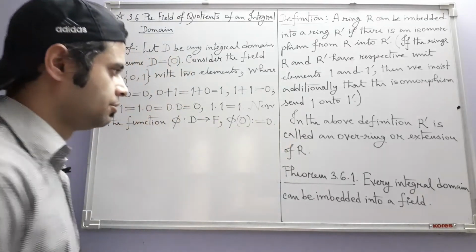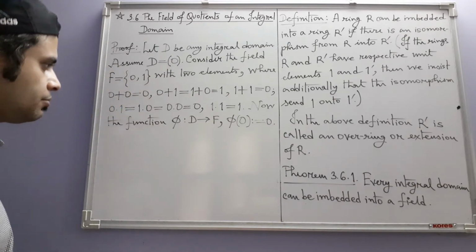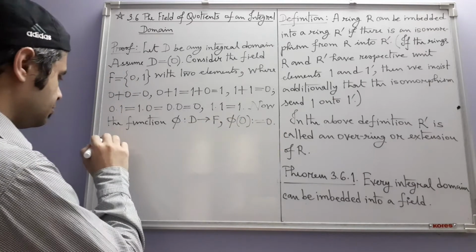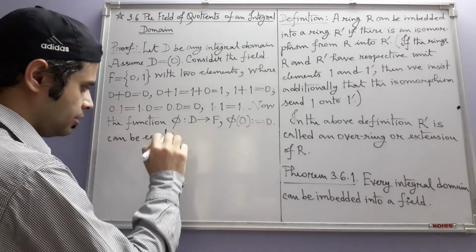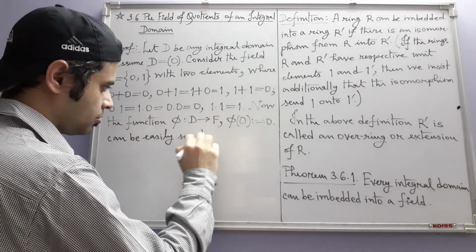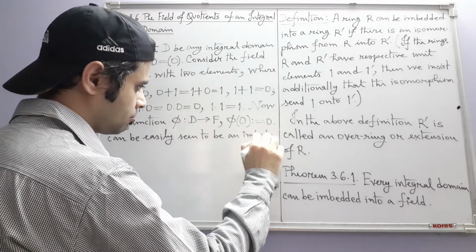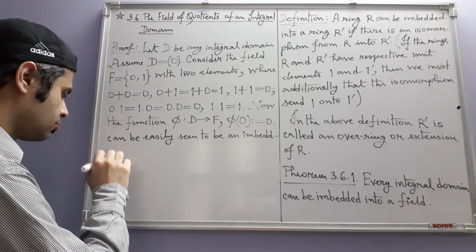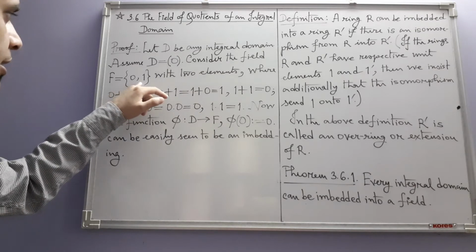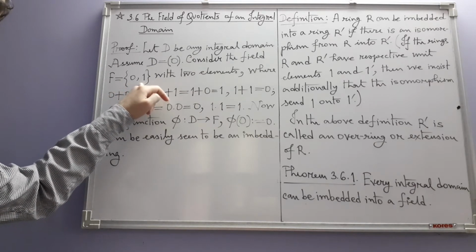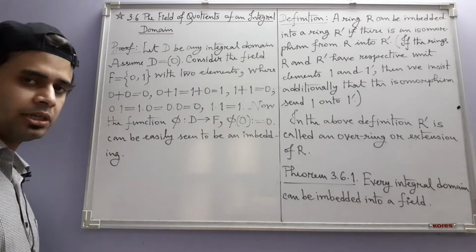So this 0 is the 0 element in the field. Now the function can be easily seen to be an embedding. So that's how the zero integral domain can be embedded into this smallest field, the field with only two elements. Now we can assume that our integral domain is non-zero.